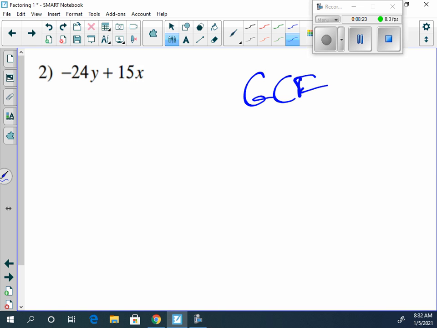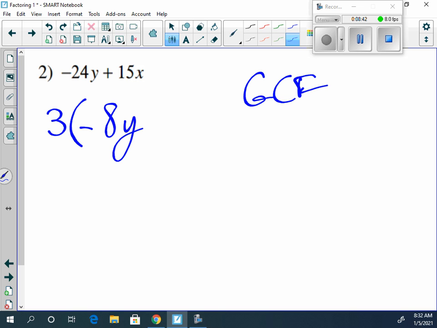Is there a number that will go into 24 and 15? 3 will. If I factor 3 out of negative 24, or I divide negative 24 by 3, I'm left with negative 8y.